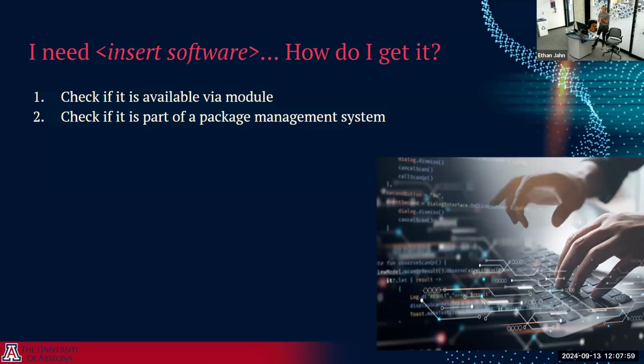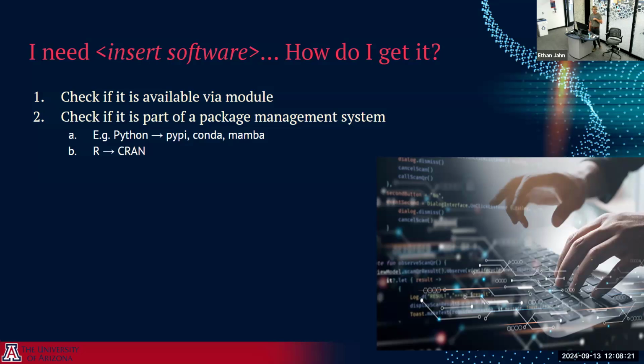Something like Python or R has their own package management system, and you are encouraged to use this package management system. So if you're using Python, it might be something like the Python Package Index, PyPI, or Conda, or Mamba. There are different ones available. If you're using R, there's the CRAN repository.